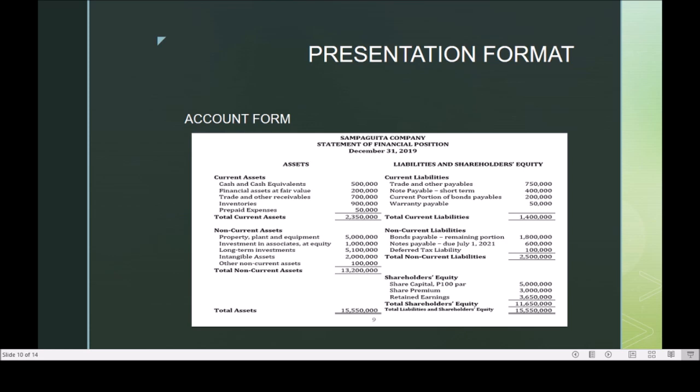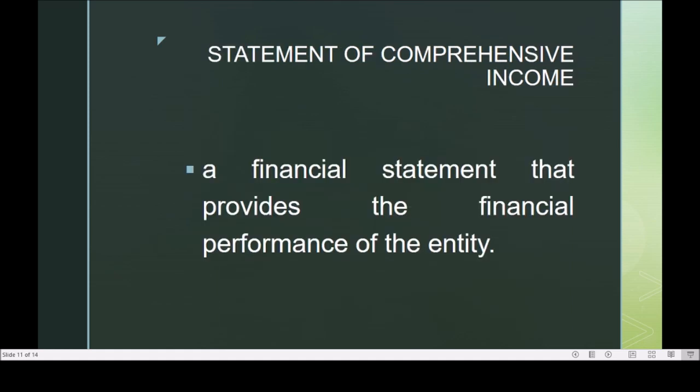Pero, there is no accounting standard prohibiting us to prepare the statement of financial position in an account form. Depende na lang po yun sa accountant, because regardless of what format we use, it will provide the same information. Next, the statement of comprehensive income.